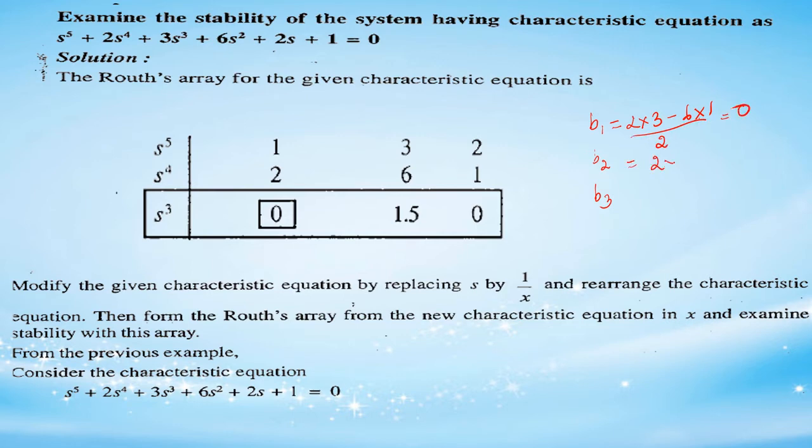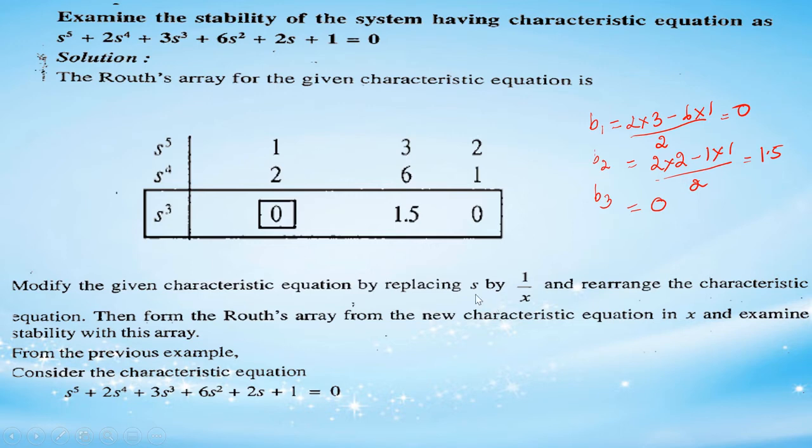Second is 2 into 2 minus 1 into 1 by 2, that is 1.5. Since there is no fourth column, B3 value is 0. So if you observe the first column, the first element of that column is 0. If you encounter a situation like this, then it is a problem of special case of the Routh array.